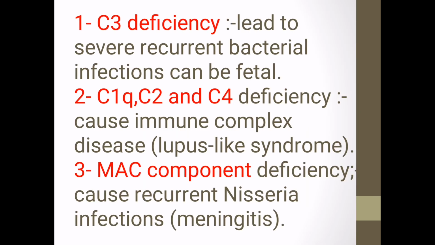Let us move to defects in the complement components. Defects in the complement components include C3 deficiency, and when there is deficiency in C3, this leads to severe recurrent bacterial infections and can be fatal. Deficiency of C1q, C2, and CR leads to immune complex depletion and immune complex disease.